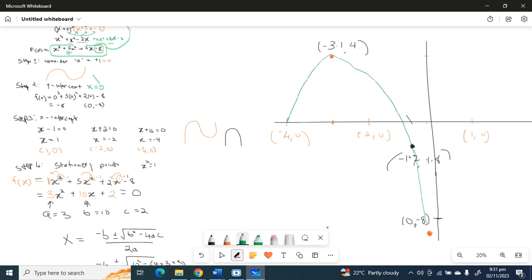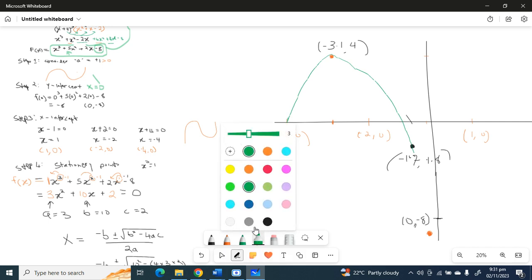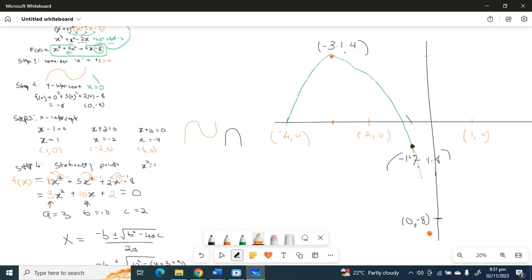Oh, then it cuts the y-axis. So at this point here, the concavity changes. So let's make it orange here. The concavity changes here. Then it cuts the y-axis, then goes up again and cuts the x-axis. Oh, wait. I've forgotten one point. There's this point here, our other stationary point.